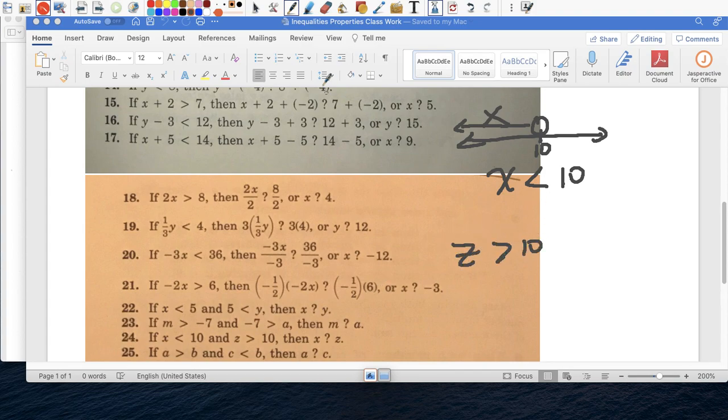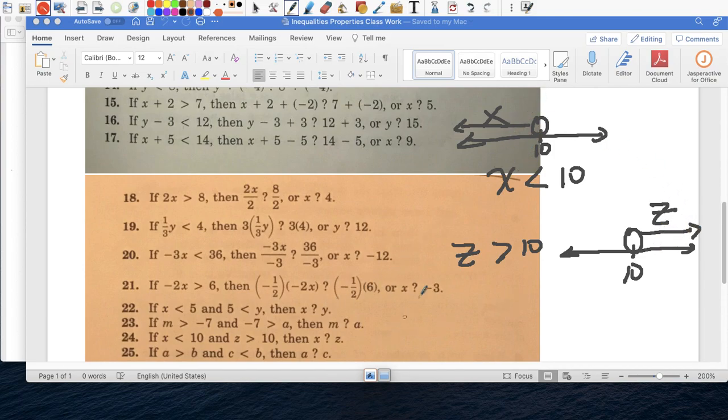Let's understand what z represents. Here again, number line. Here's 10. We're not talking about 10 because 10 is not part of the solution, but we're talking about any number that's greater than 10. So 10.1, 10.2, 11, 15, 20, a million. So z represents all these numbers that are greater than 10. x represents all these numbers that are less than 10.